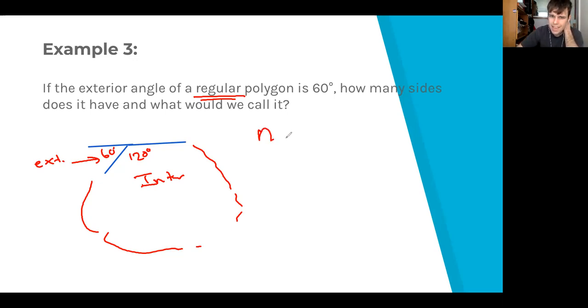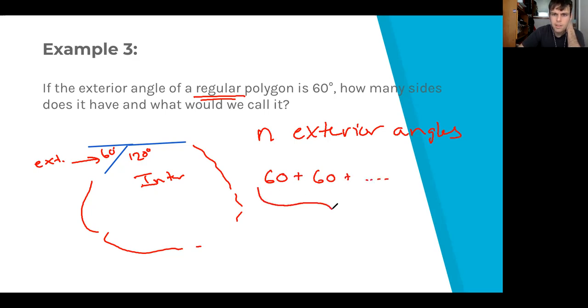So I have n exterior angles, which matches my number of sides. The exterior angles will match the number of sides. And I know they need to all add together to be 360. So I have 60 plus 60 plus some number of 60s, n of them, and they're going to equal 360.